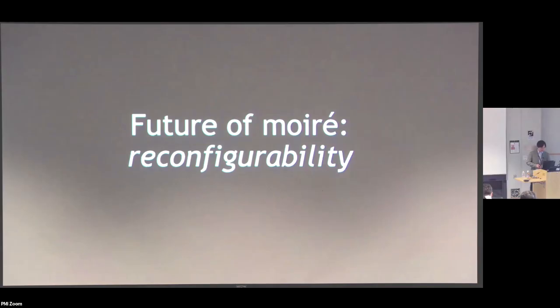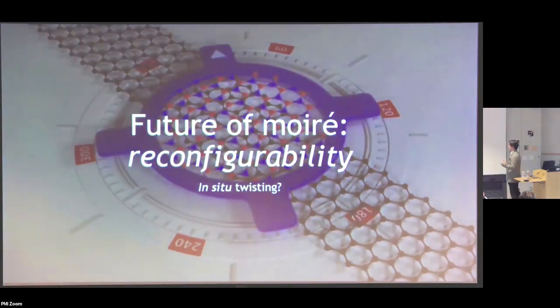Okay, so now I want to jump to the second part, which is where I think the future of this field is going, which I think is reconfigurability. I'm talking about whether we can realize twisted materials in a configurable way.